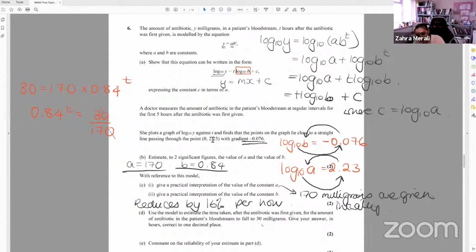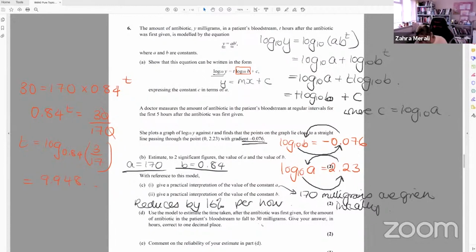Then to get rid of the t, you've got log to the base 0.84 of 3 over 17, which gives me 9.948.